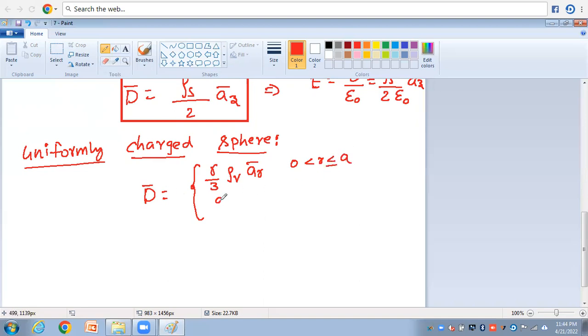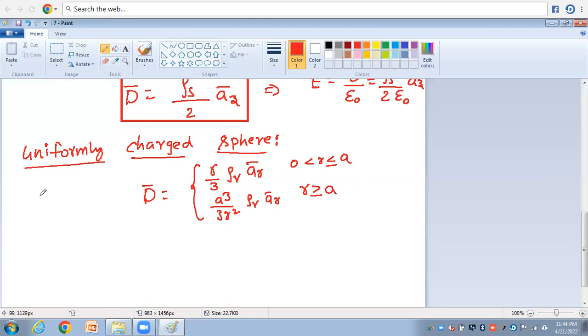Another condition is a cube by 3 r square with respect to rho v, and the direction is a r bar, for r greater than or equal to a. That's it.